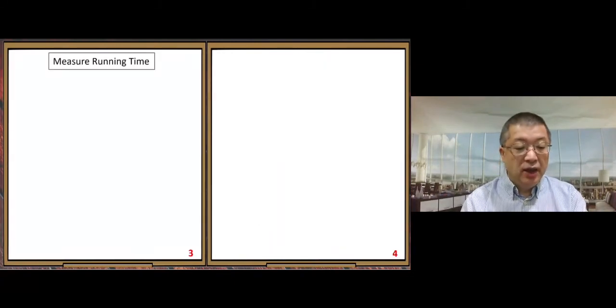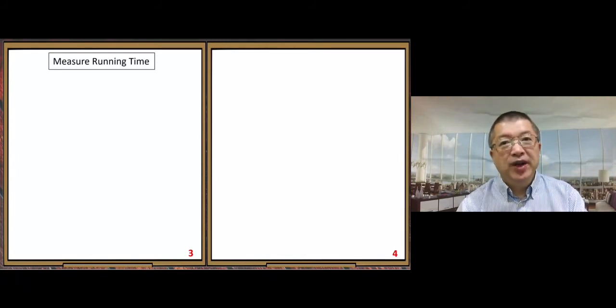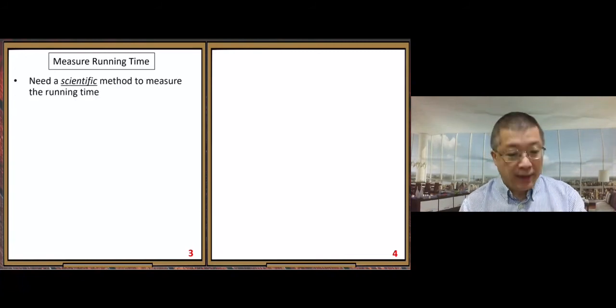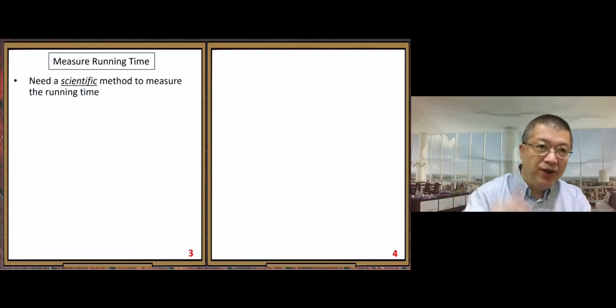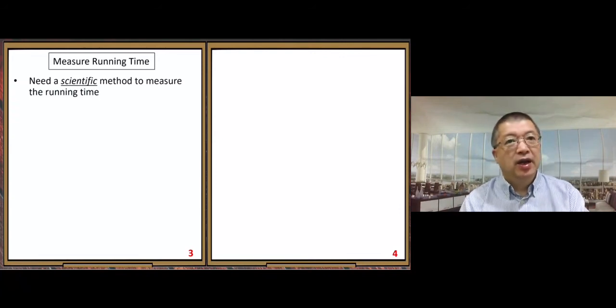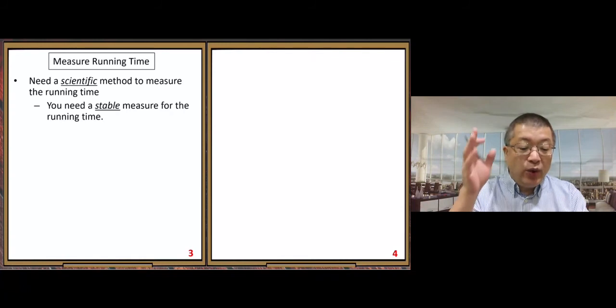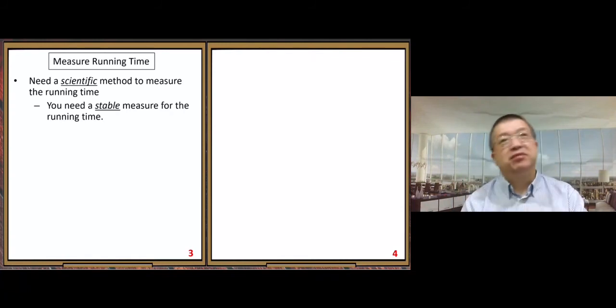All right. Next, measure running time. To measure running time, we have some basic knowledge already, so let's continue from there. We need a scientific method to measure the running time, and we want a stable measure.